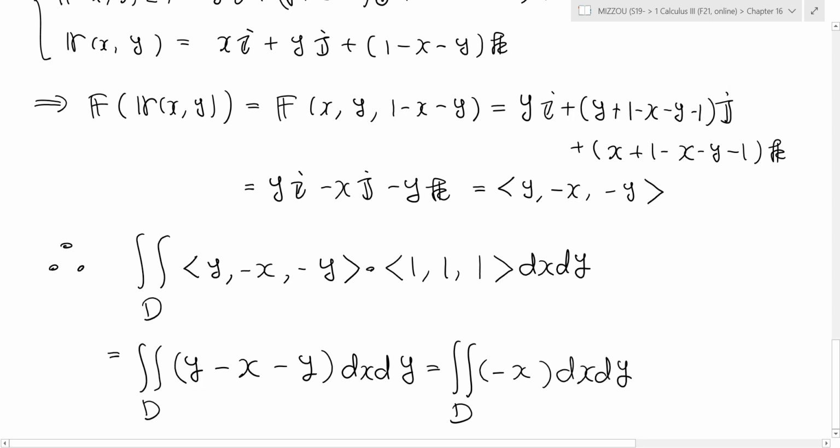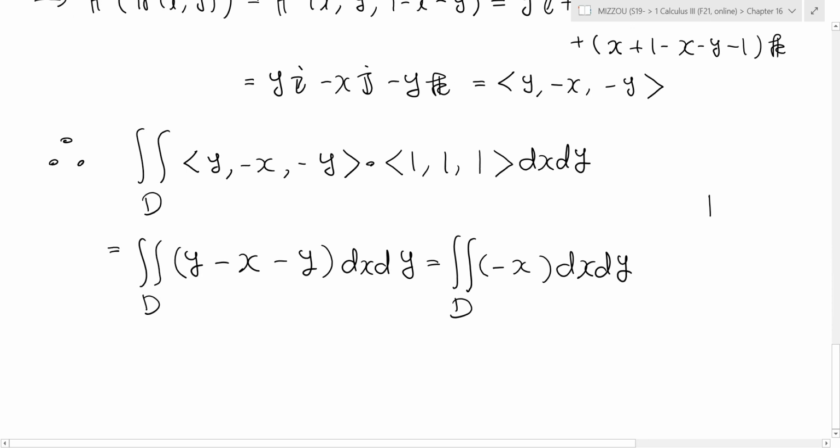Then now, what's D? Remember D is equal to the triangle, like this. So this is just a double integral over the triangle like this.